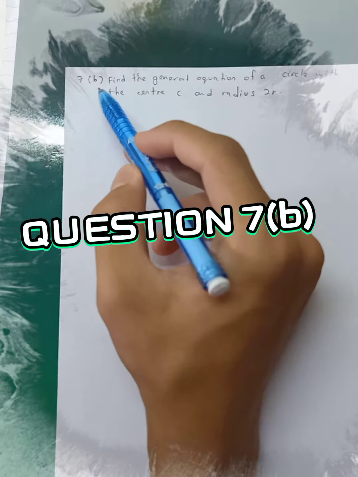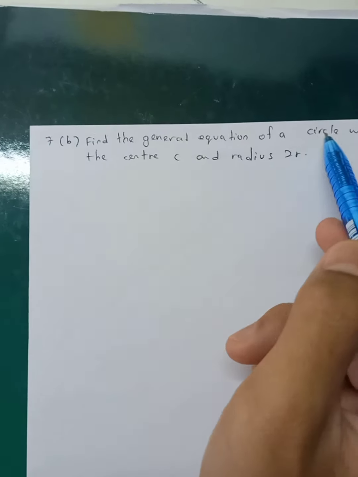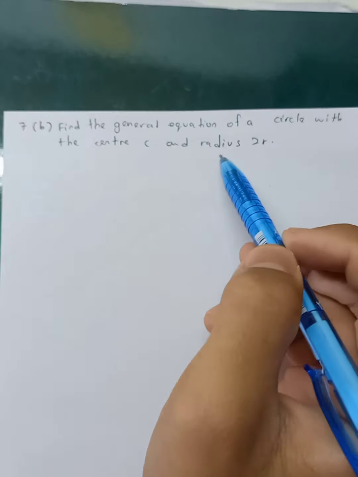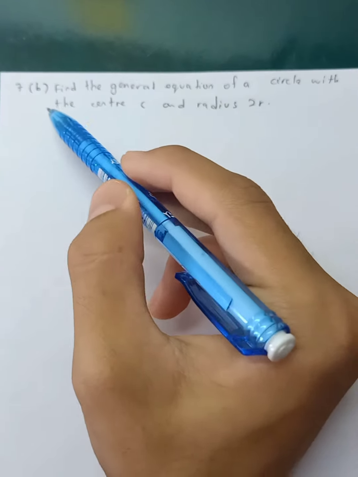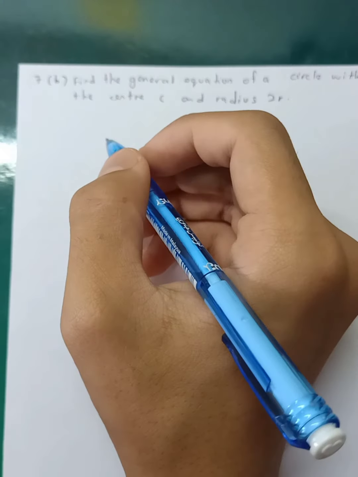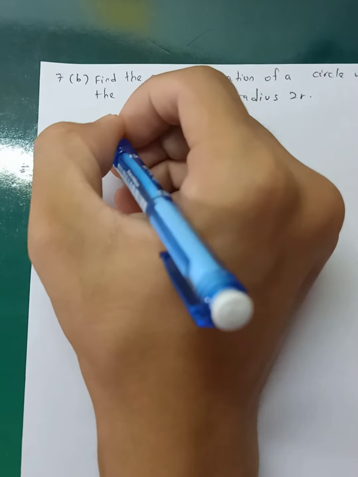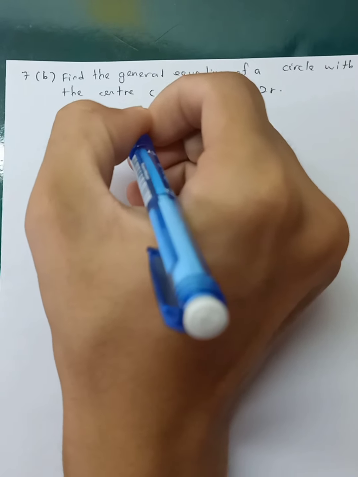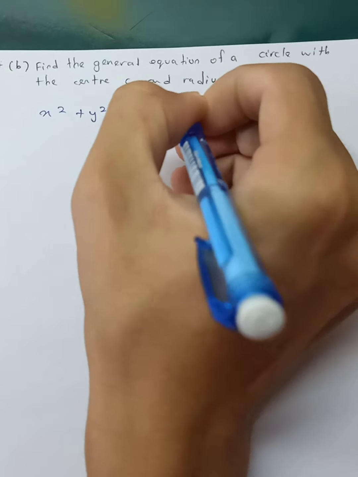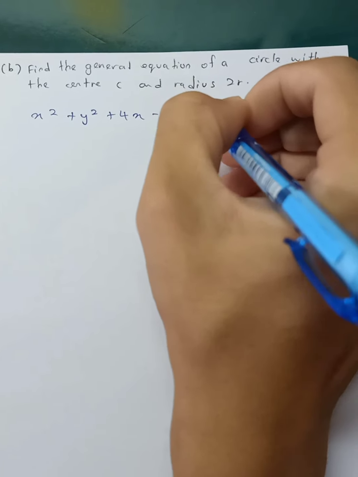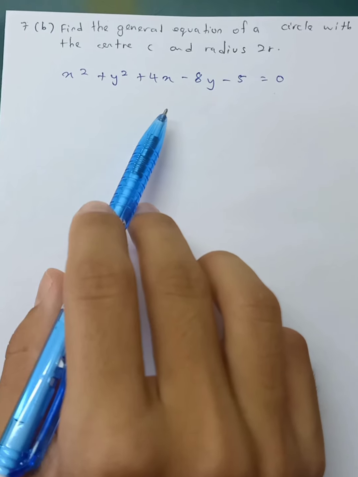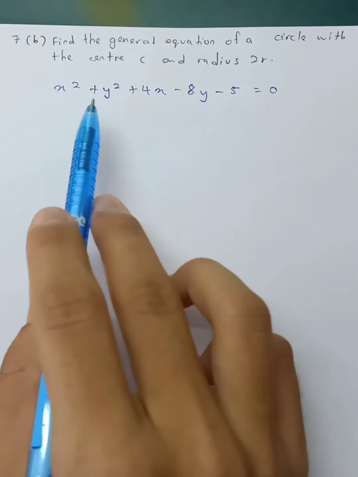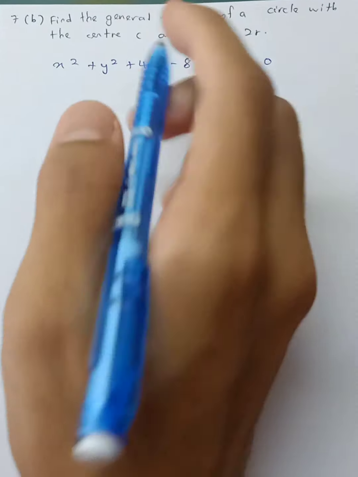Next question, 7B. Find the general equation of a circle with the center C and radius 2r. From question 7 just now, it is given that the equation is x squared plus y squared plus 4x minus 8y minus 5 equal to 0. So we need to form a general equation from the circle equation here.